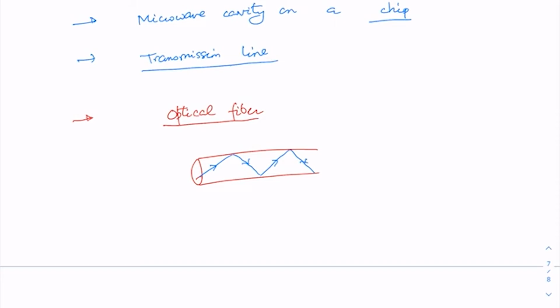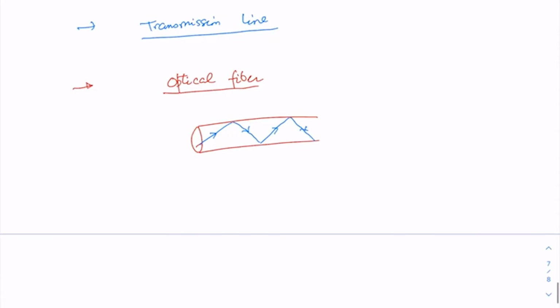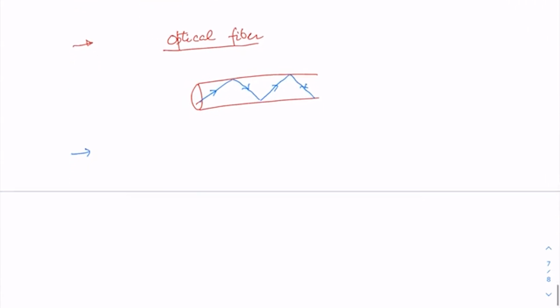But we are going to deal with microwaves, and we cannot use glass fibers, because microwaves would get absorbed inside the optical fiber. They will not be able to propagate inside an optical fiber. And we know that microwave frequencies can pass through metals, so we have to consider metallic waveguides.